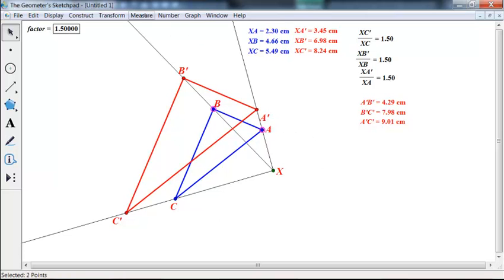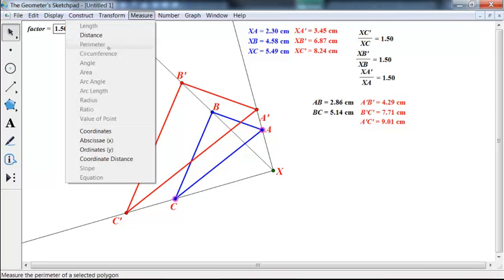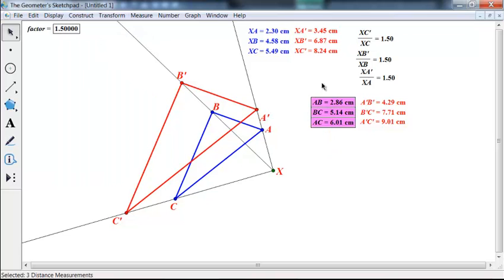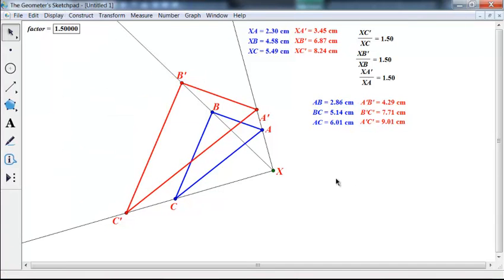If we measure from A to B, that would correspond there. And from B to C, there, and from A to C, there. Those are all distances within the pre-image.